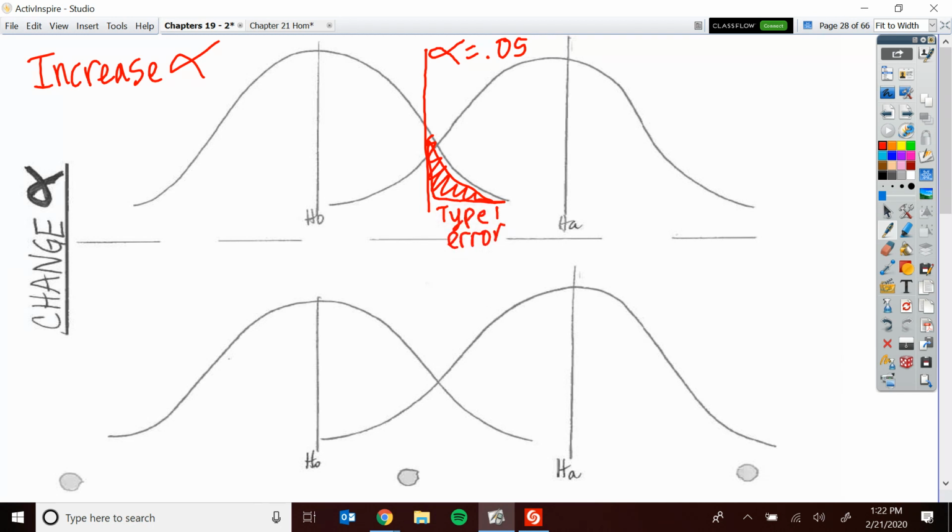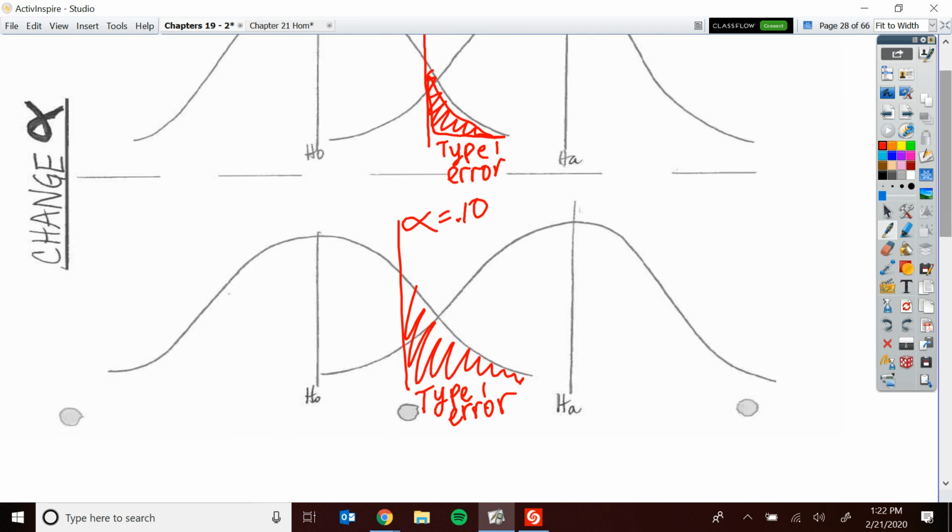Now let's draw it down below, but bigger. I'm going to say 10%. Alpha is 10%. So as a result, what has just happened to the probability of a type 1 error? Good. Probability of type 1 error has increased.